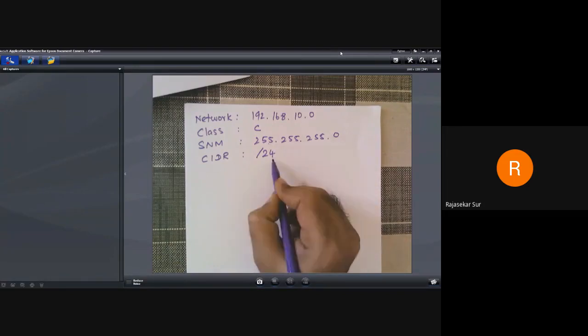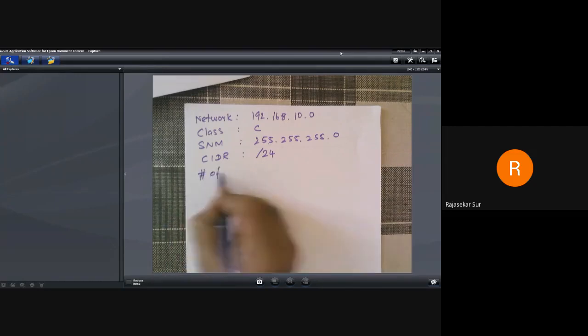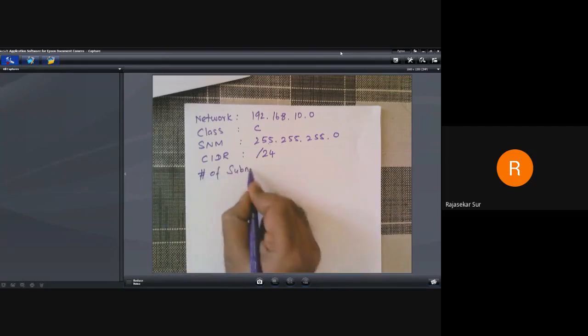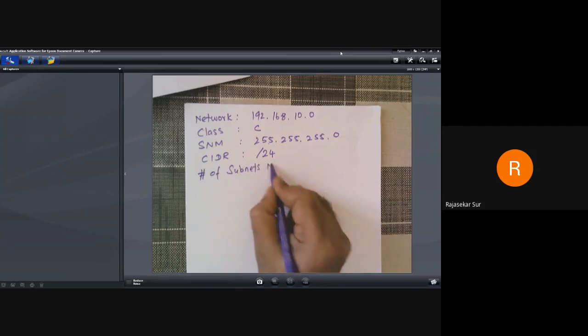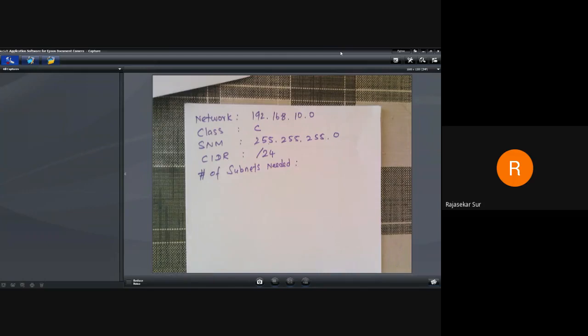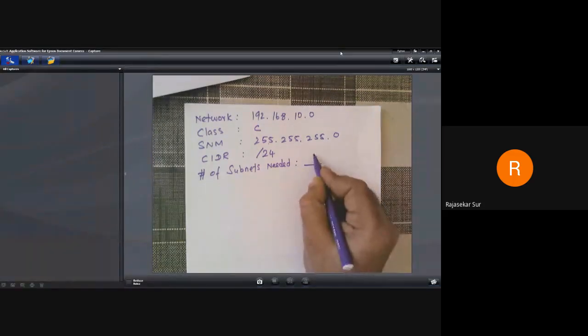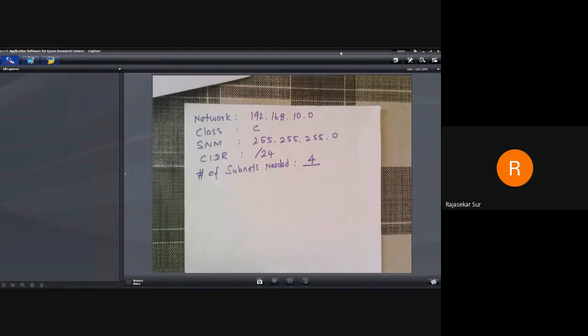The CIDR value equals 24. Next, number of subnets needed. How many subnets do you need? The number of subnets we need is 4. Okay, 4 subnets we need.